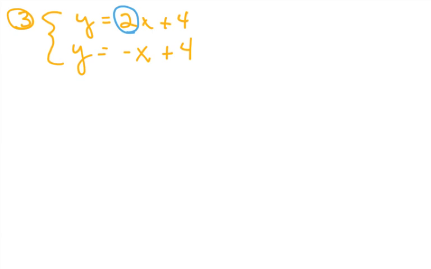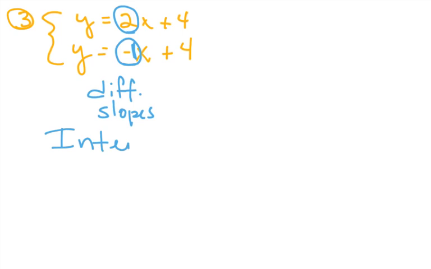The slope for the bottom one, remember that there's a 1 there, so the slope for the bottom one is negative 1. So we have different slopes. And if we have different slopes, I don't need to look at the y-intercept. It doesn't matter what the y-intercept is. If they have different slopes, that means that they are intersecting lines. And therefore, there is one solution.